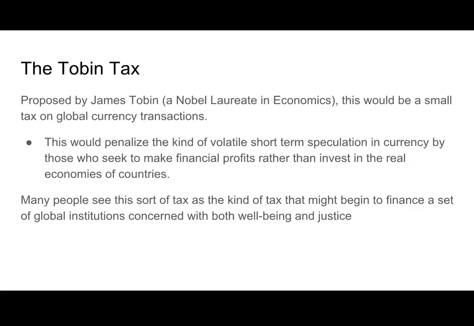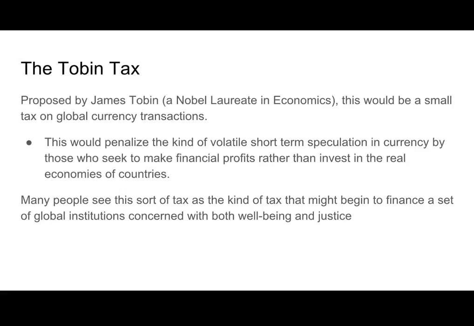I want to finish by talking about the Tobin Tax really quickly. This was a tax proposed by James Tobin, a Nobel laureate in economics, which would constitute a small tax on global currency transactions, right? So every time you change euros into dollars or dollars into yuan or what have you, a small tax would be levied on the order of 0.5 to 1%.